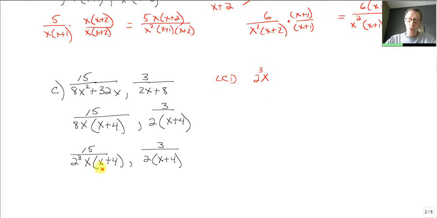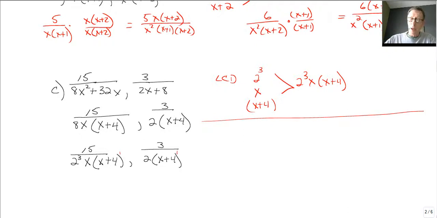Then I have x plus 4, which is to the first power, and x plus 4 in the other term is also to the first power. Actually, I should have split these up the way I was doing it before. So I have an x plus 4, and when I combine those, my common denominator is going to be 2 cubed times x times x plus 4.